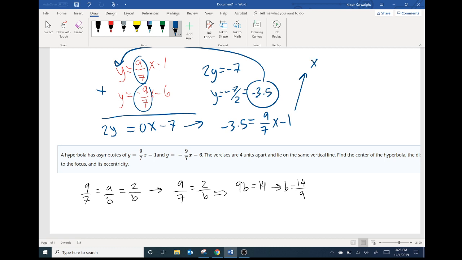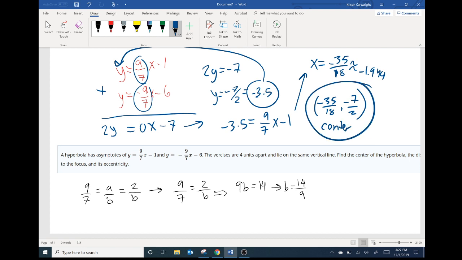X is going to be equal to negative 35/18, which is about negative 1.944. So I've found my center, or the intersection of these. Negative 35/18 is the x-coordinate, and negative 7 halves is the y-coordinate of my center.